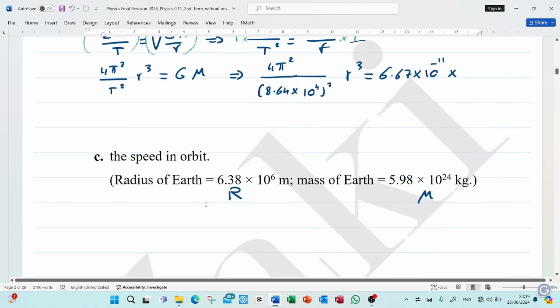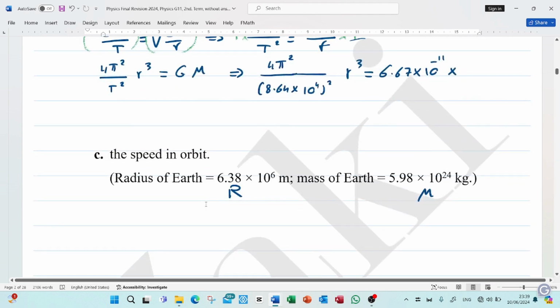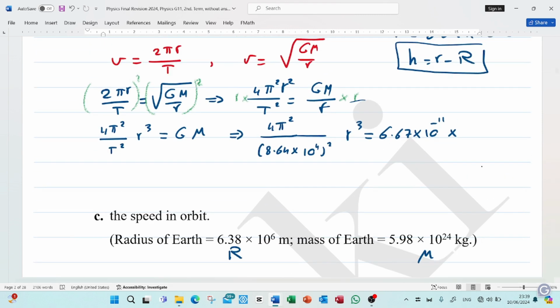The mass of the Earth is constant, given in the question and also will be given in the formula sheet, 5.98 times 10 power 24. So multiply by 5.98 multiply 10 power 24. From this you can take the cubic root of the result, then you will get r.